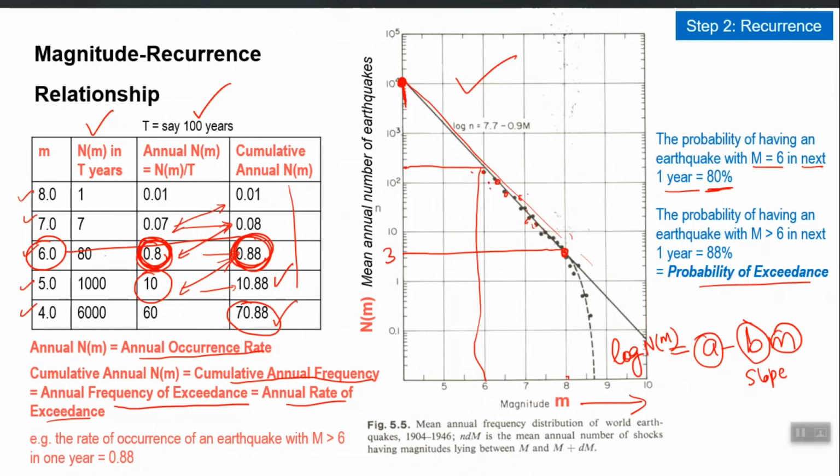And then that straight line will have an equation of this form: log of y is equal to y-intercept minus slope times x-axis, right? So this 7.7 is the y-intercept, 0.9 is the slope of that line, capital M is the x coordinate or magnitude, and log of N is the y number.